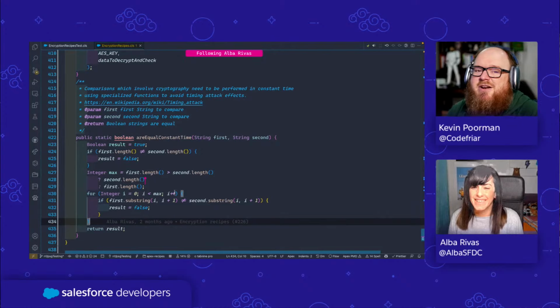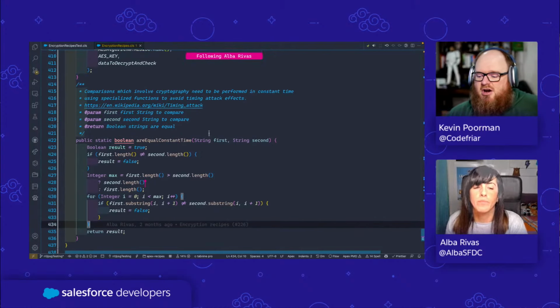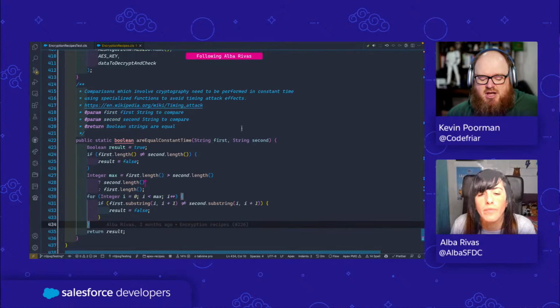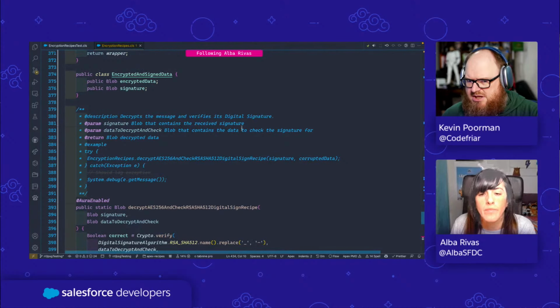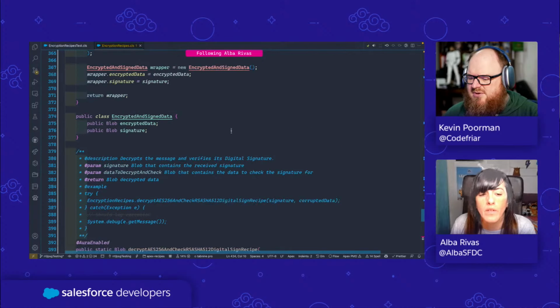So we've compared the algorithm. We've compared in constant time our hash, and when we do our hash, if we hash the hash and the encrypted payload, then we get, what do we get? I'm confused there.